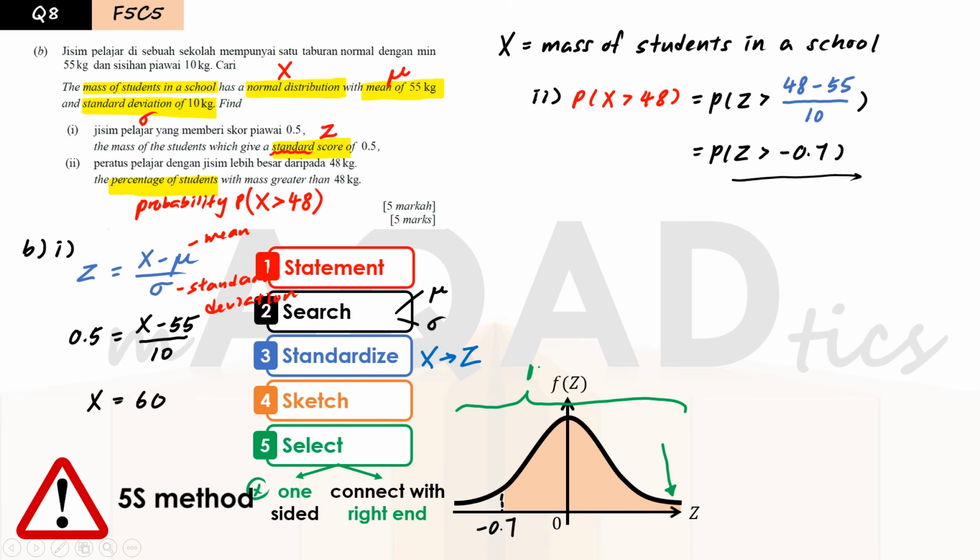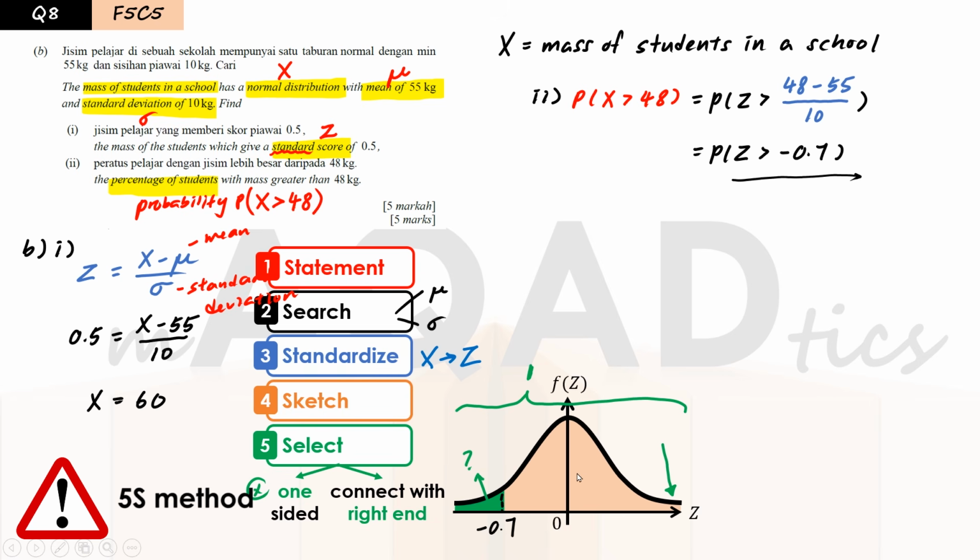Instead of finding the probability of this shaded region, why not consider the probability of the entire graph first, which is 1. Since we can only find the probability where the region is one-sided, we can focus on this small part here, because this part is one-sided, only appearing on the left side. If we can find this probability and subtract it from 1, then we can find the probability of this shaded region.